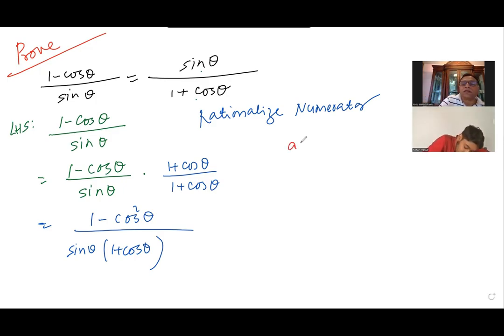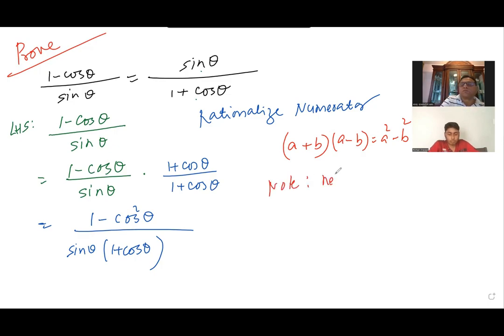Here we know that a plus b times a minus b is equal to a square minus b square. Now remember, never expand the denominator. Whenever you rationalize, never expand the denominator.